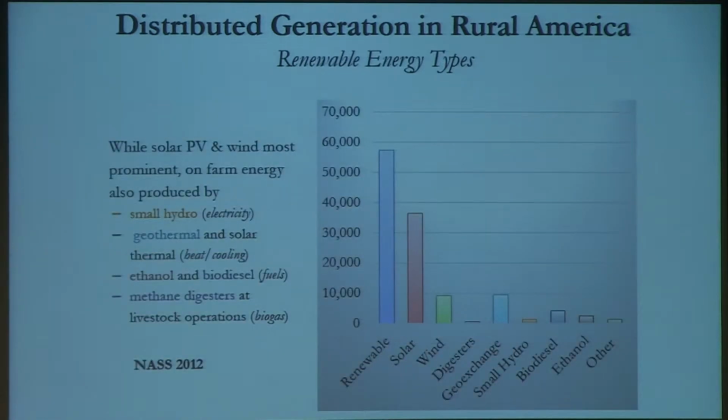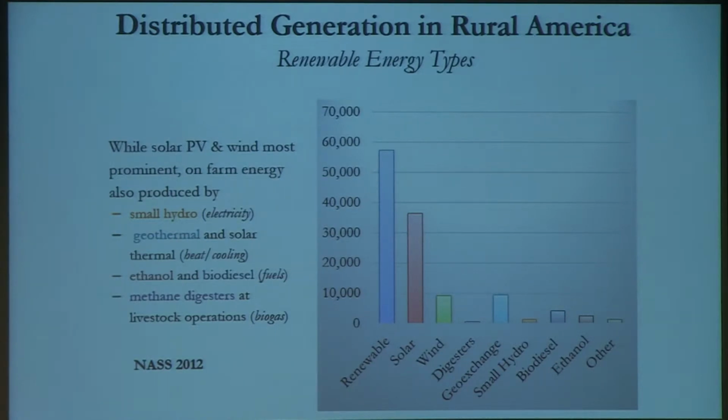And even though distributed generation usually corresponds to electricity, and we're thinking most prominently of solar PV and wind, we have to take into account that on-farm energy is also produced with small hydro as electricity, geothermal and solar thermal, which can help with heating and cooling needs.